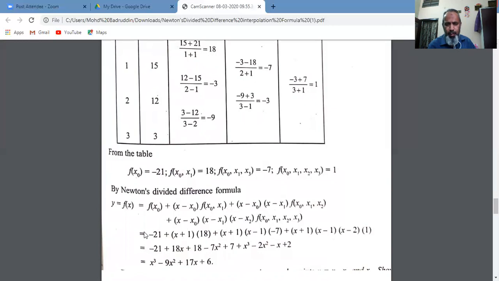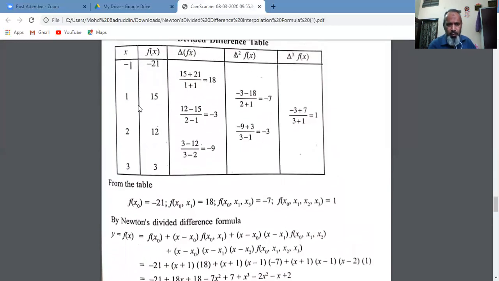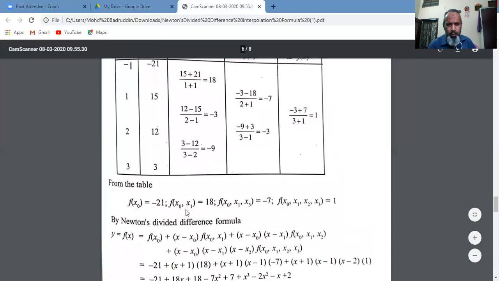Now substitute the values. f of x0 is minus 21, plus (x minus x0). What is x0? Minus 1. So it becomes (x plus 1) times the first divided difference, which is 18. Then (x plus 1)(x minus 1), since x1 is 1, times the second divided difference.